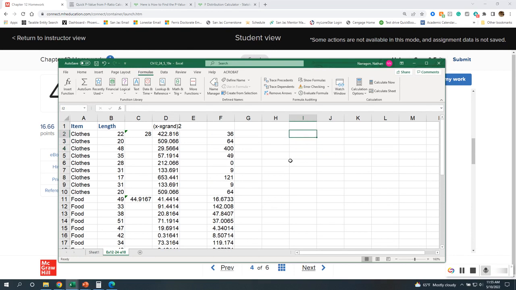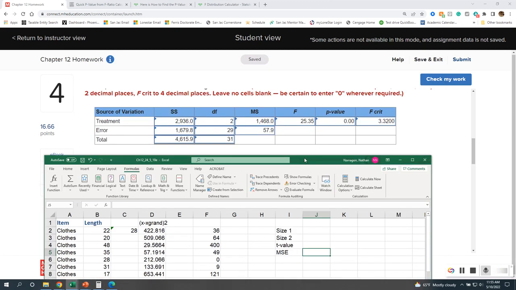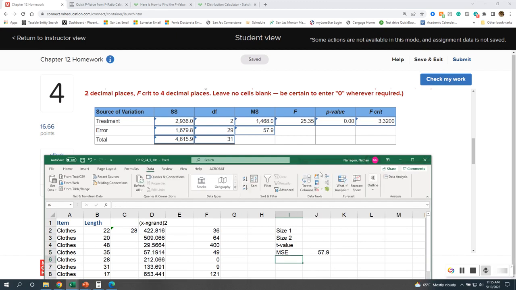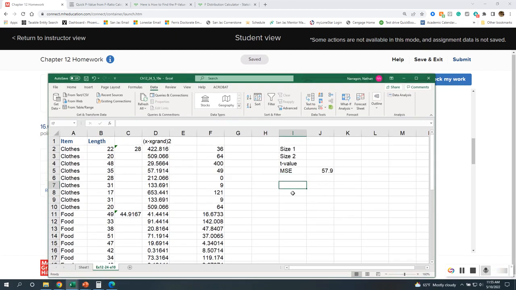So we're going to put size 1, size 2, t-value, and MSE, which again is 57.9 for us. Here we go. We're going to calculate it out.